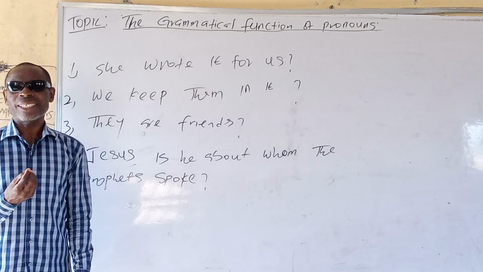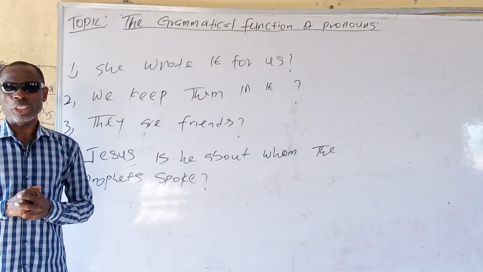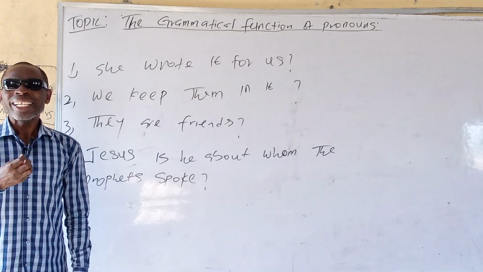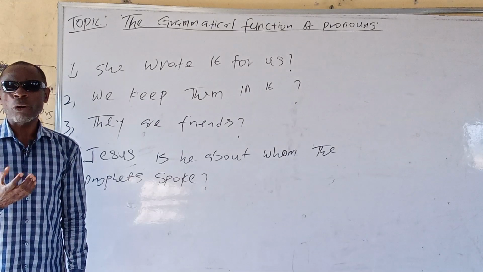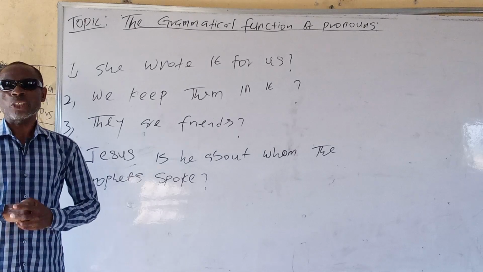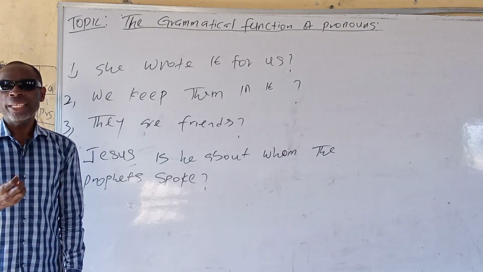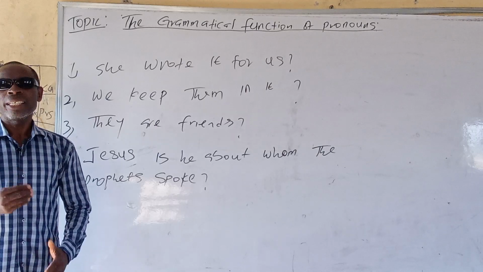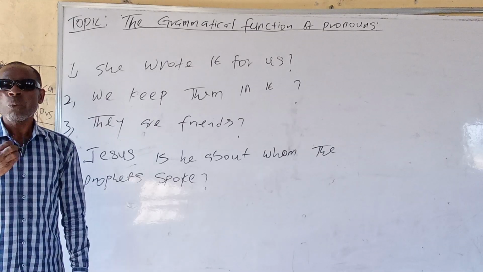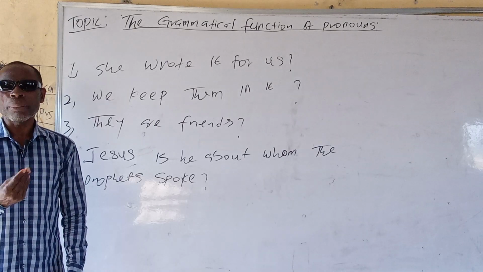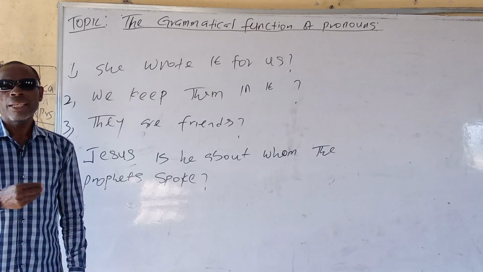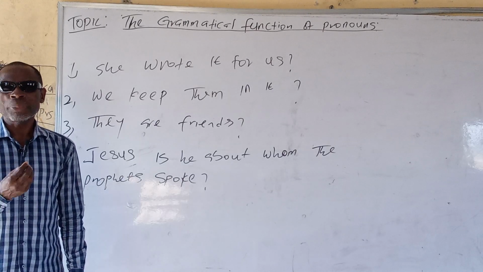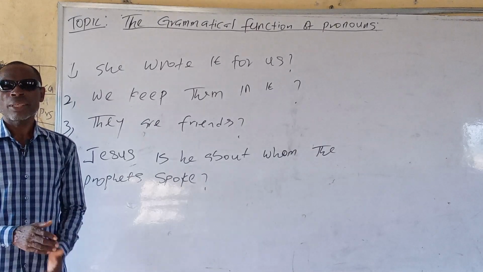So, if we were asked in an examination situation, what is the grammatical name of she in sentence 1? Our answer will be personal pronoun. Again, if we were asked, what is its grammatical function in the sentence? Our answer will be subject of the verb wrote.